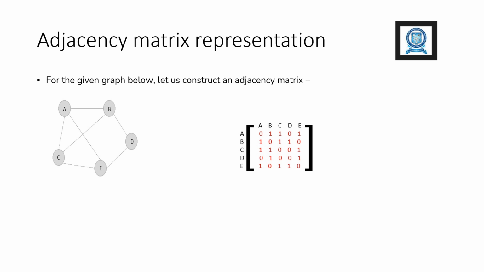There is a path from A to B, so the value is 1, and there is a path from A to C, so the value is 1. There is no path from A to D, so the value is 0. There is a path from A to E, so the value is 1. Likewise, for all the nodes, the values have to be filled. Then it forms the adjacency matrix representation of a graph.